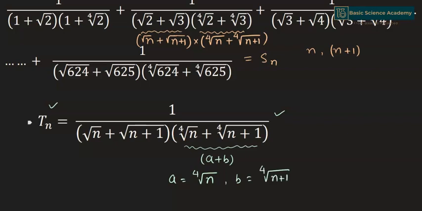In order to reduce this fourth root into square root, we have to multiply the numerator and denominator of this expression by a minus b.